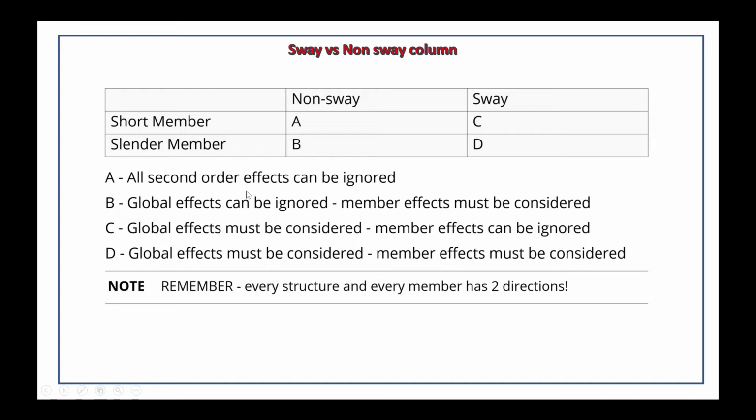You can analyze and design it in linear analysis. After you run linear analysis, you can go directly to design if your column is a short member. And if your column is short but is sway, you have to include the member effect, the member imperfection. But for the global imperfection, there is no need to take it into account.